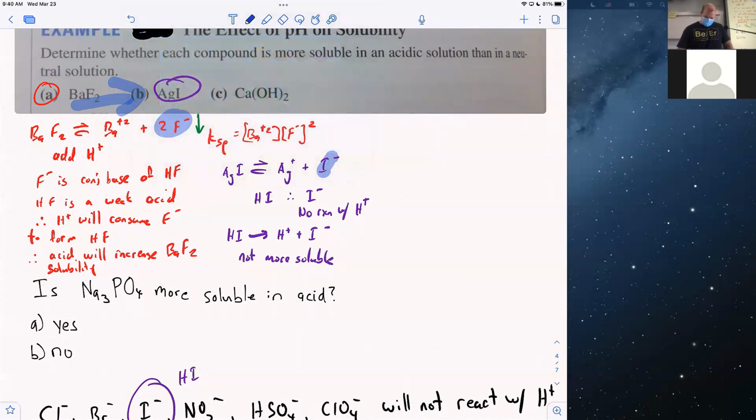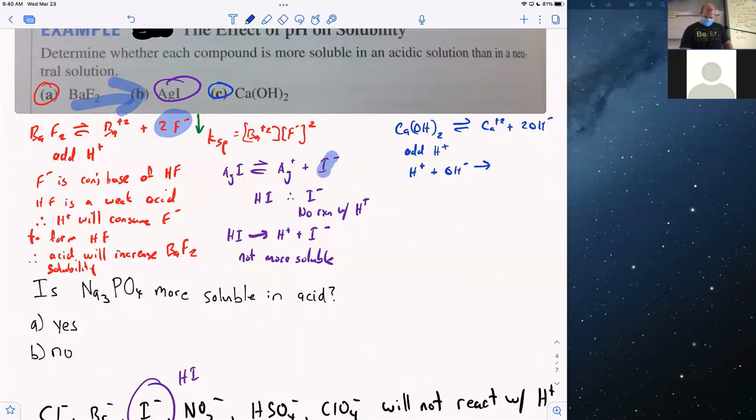So last one in blue, calcium hydroxide is in equilibrium with calcium plus 2 OH minus. So of course, if you add hydrogen ion, hydrogen ion plus hydroxide can react.